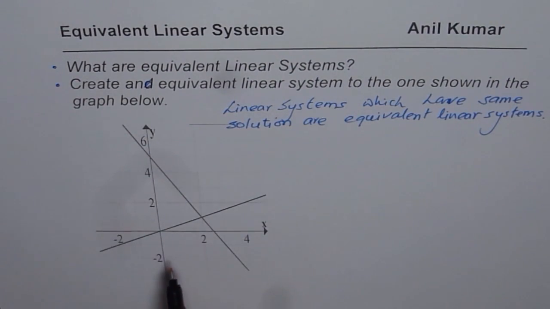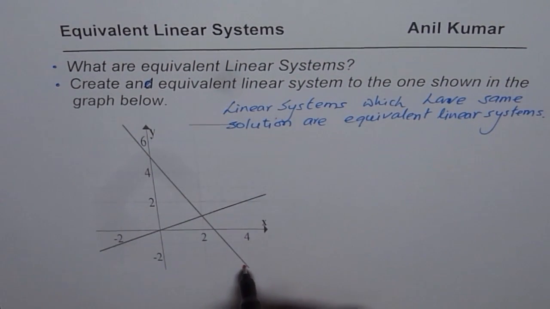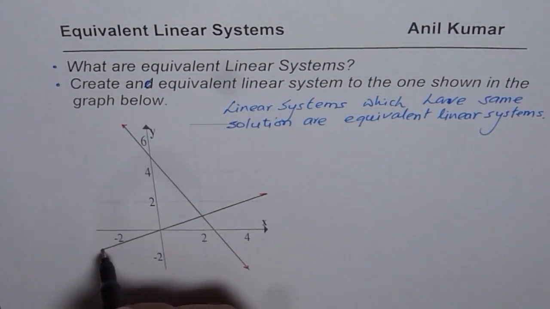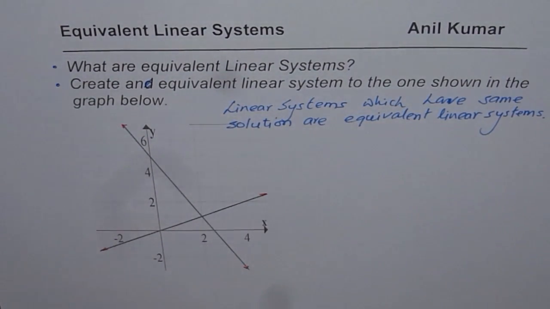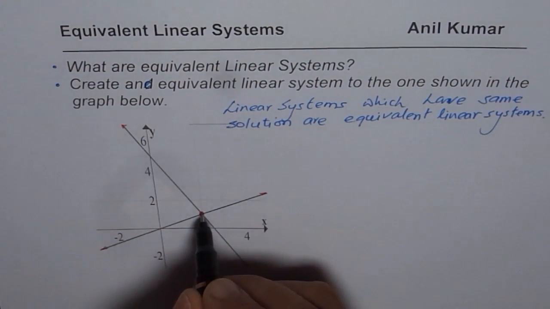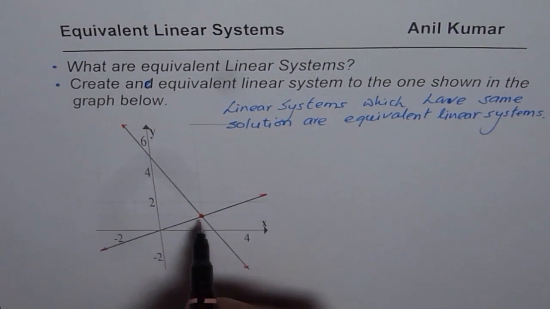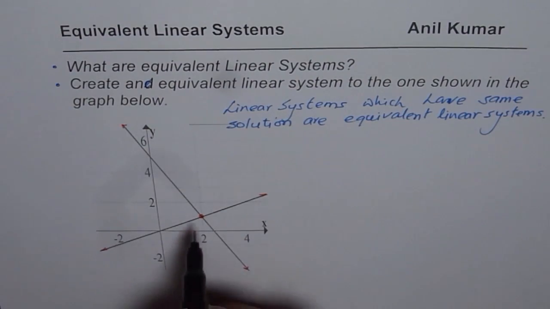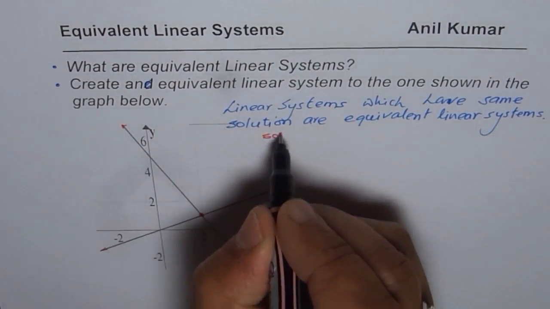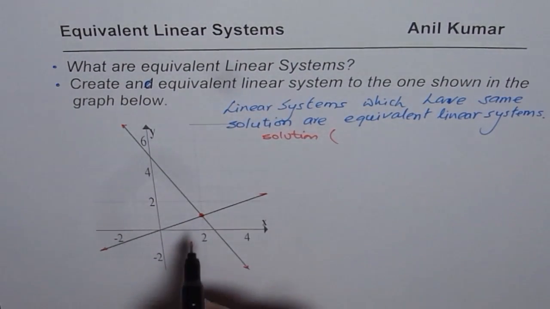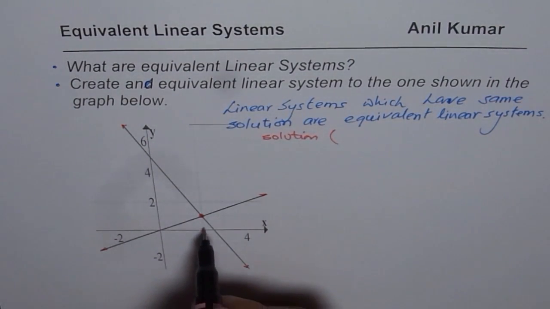What we are given here is a linear system since there are two lines, right? Two or more linear equations, or two or more lines, will form a linear system. The solution of a linear system is the point of intersection, right? For the given linear system, the point of intersection is the solution, and here the solution is the coordinate point as shown here, which is (2, 1).